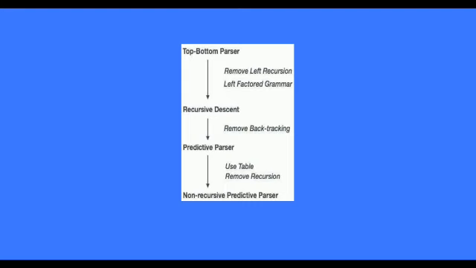In the second step, you have to solve the trailing function or follow function. In the next step, you have to solve the predictive parser table by using first and follow functions. Finally, parse the input string with the help of the table.